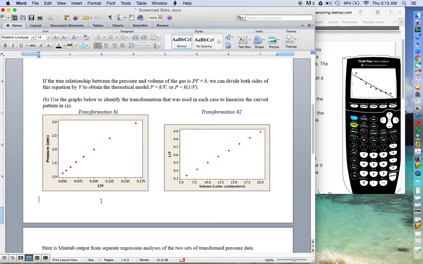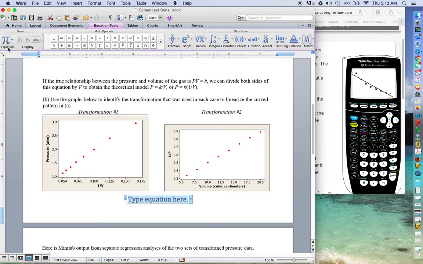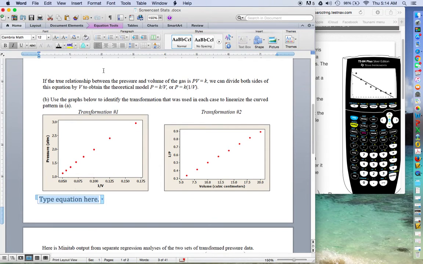So remember, pressure is y, so the model here is P equals, and then we've got our model. Well, we don't really know what our model is yet, right?